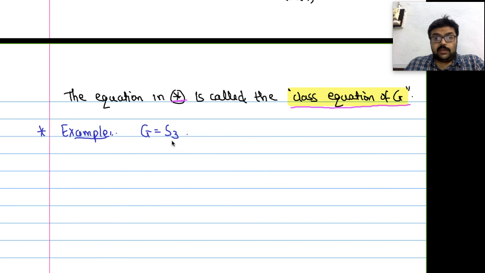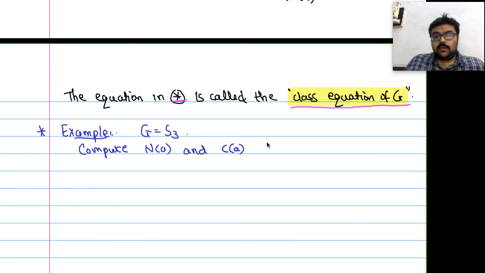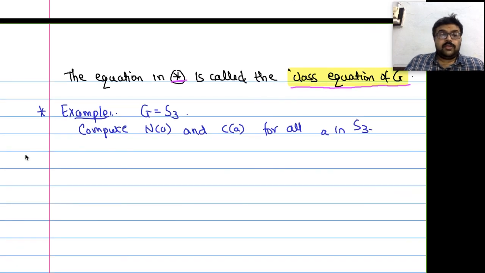So we take S3, and now we compute Na and Ca for all a in S3. Right. So let me do a couple of them, and then you can do the rest.